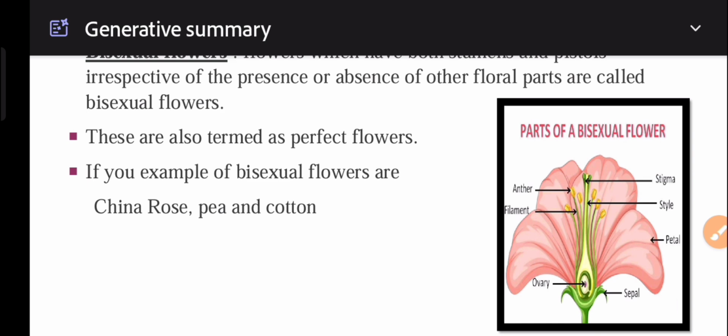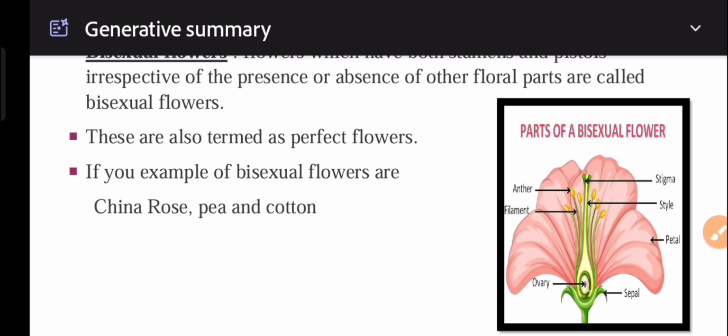See, on the basis of floral parts, we can divide flowers into two main types, that is complete flowers and incomplete flowers. Complete flower means the flower has all four floral whorls. Like the datura plant, if we take it as an example, it has calyx, corolla, androecium and gynoecium.